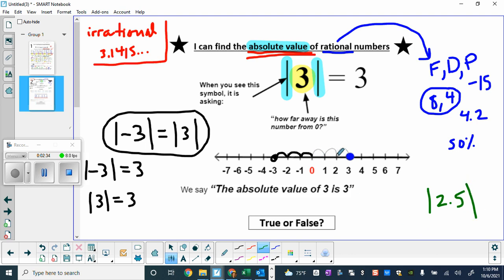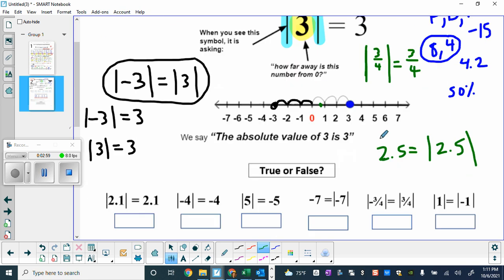And right here, you would come over to 2.5 and tell me, okay, that's 2.5 spaces away from 0. So I could ask about decimals in between these lines. I could put a fraction in between these lines. I could say, hey, how far away is 3/4 from 0? And again, 3/4 on the number line would be about here-ish. And so you'd tell me, okay, that's 3/4 of a space away from 0. So that's all we're doing here, okay?